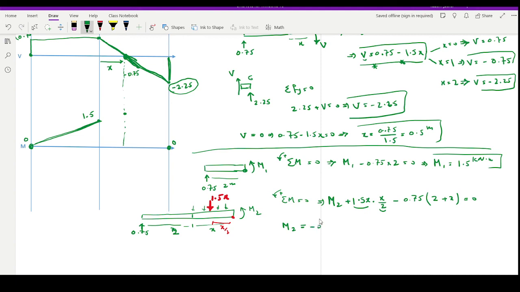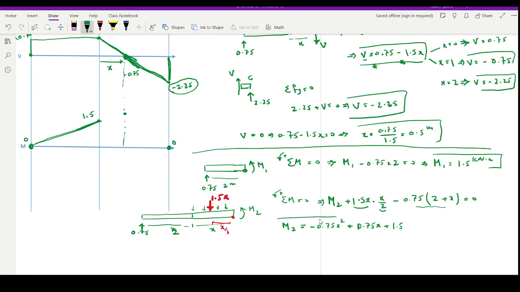Therefore, M2, I can directly move the other parts to the other side of the equal sign. So it's going to be negative 0.75x squared. So 1.5 divided by 2 is equal to 0.75, and x times x is equal to x squared, plus 0.75x, so I'm writing this part, plus 1.5.